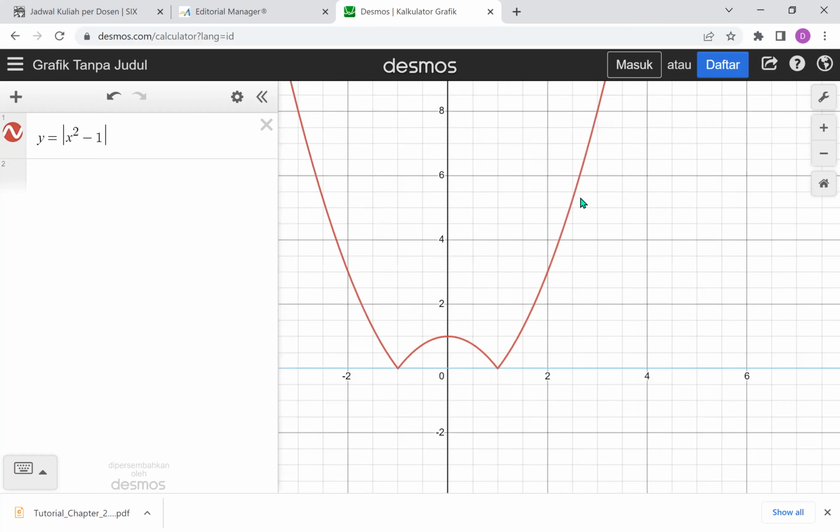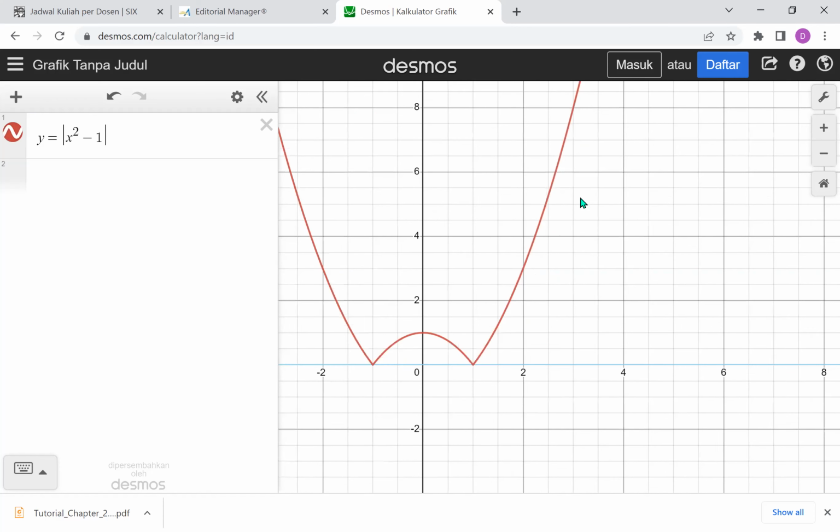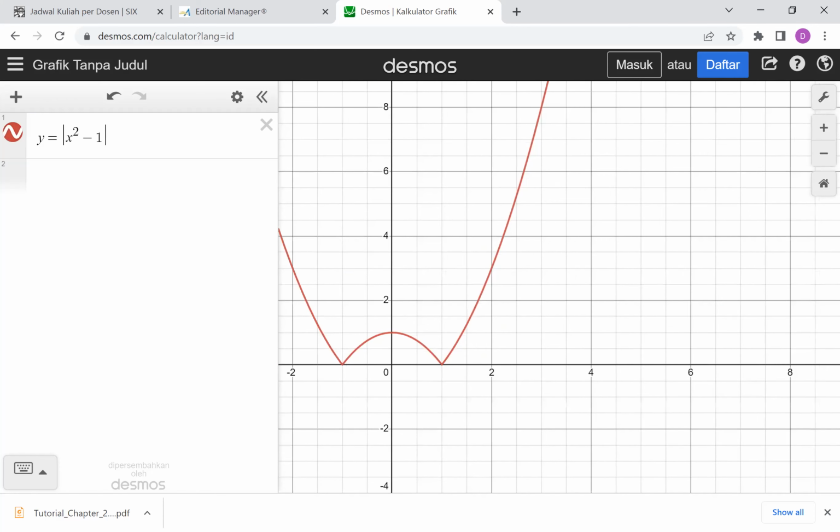Let us consider this function, but only on the interval [-2, 2]. The picture is given here, but now we focus on the interval [-2, 2] only. So we only consider this part of the curve.